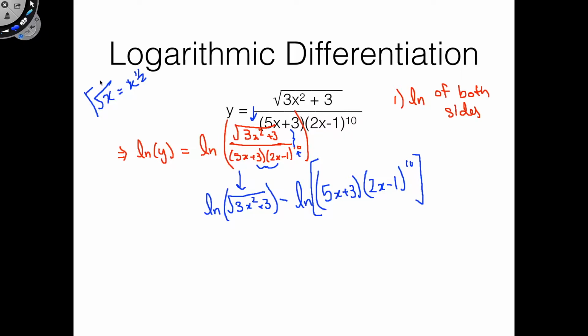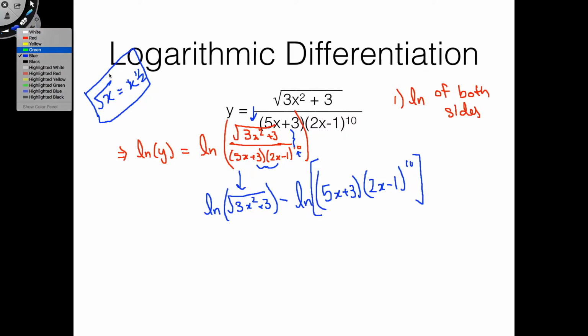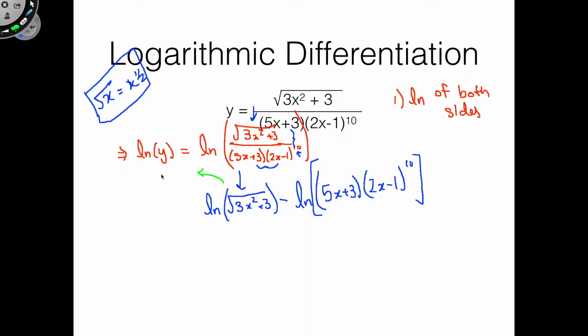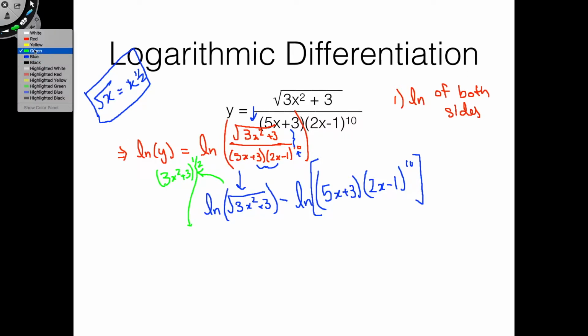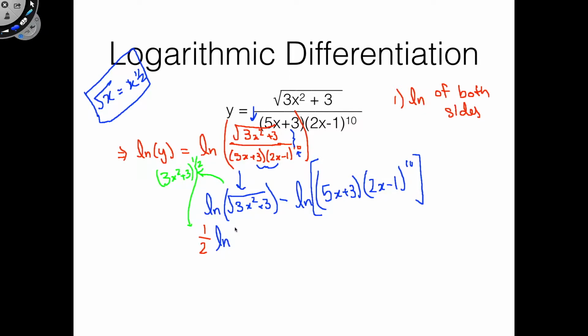So this thing right here is really 3x squared plus 3 all to the 1/2 power, right? So we can go ahead right away and bring that 1/2 to the front. So we'll be left with 1/2 ln of 3x squared plus 3.